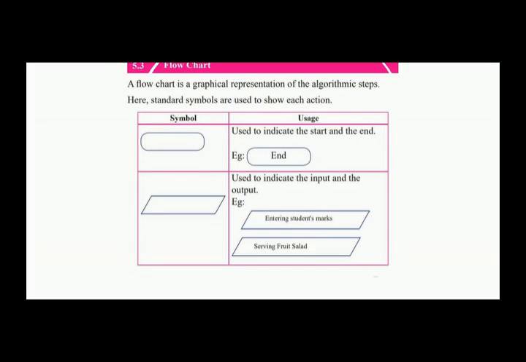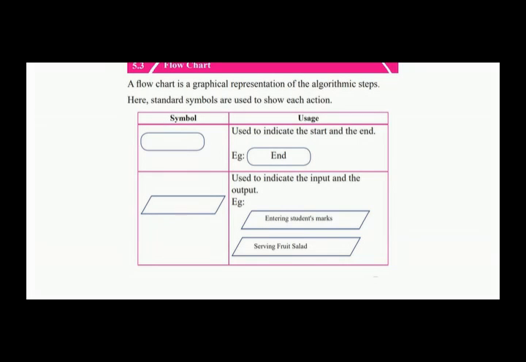Okay, now look at these symbols. Now here you have this capsule-like symbol. In this, you can write only start and end. Okay, so remember, if you want to write the start or end, you have to use this symbol. Okay, then we have this parallelogram. So you have to use this for your inputs and outputs.